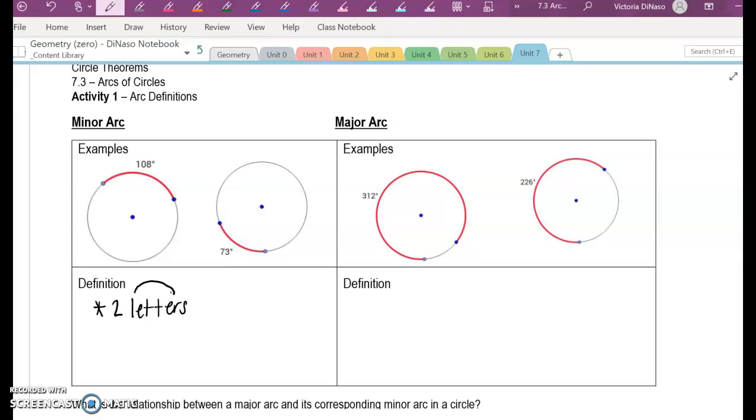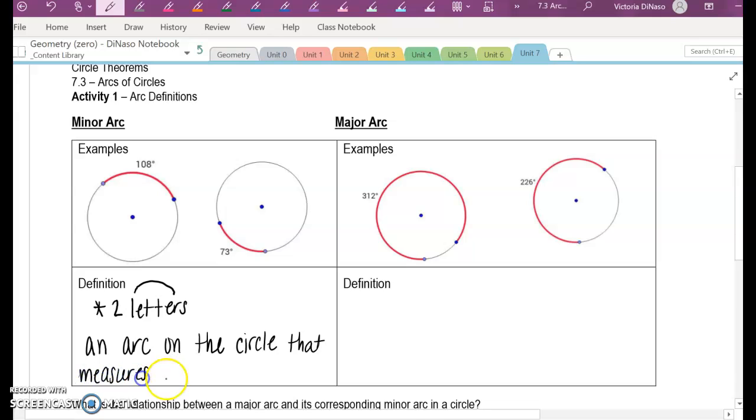And a minor arc is an arc on the circle that measures less than 180 degrees.